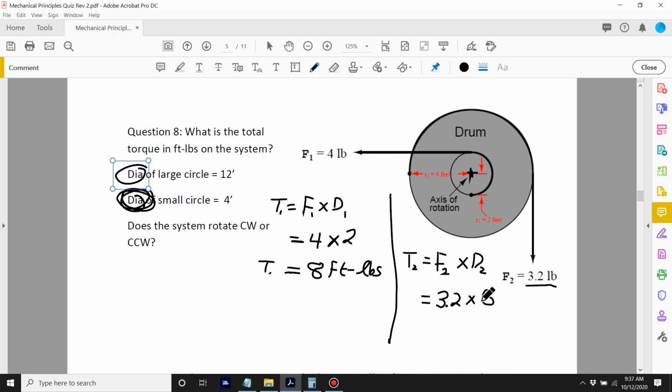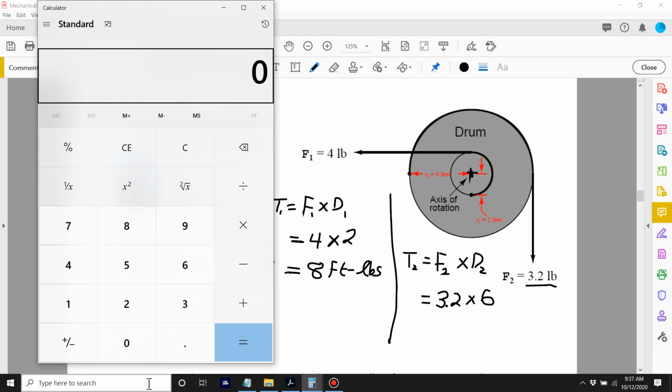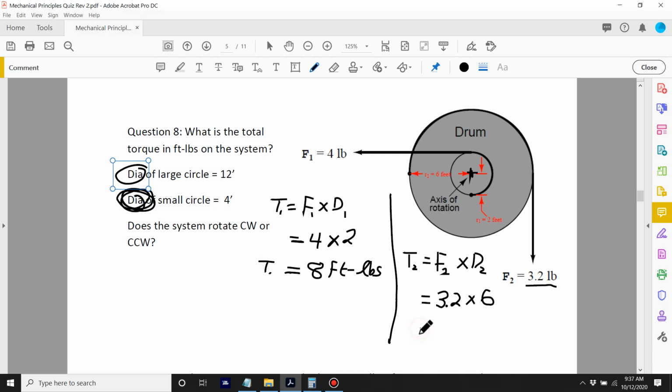Oh yeah, that's at least 18 foot-pounds. Let's get the old calculator going. 3.2 multiplied by 6, 19.2 foot-pounds.